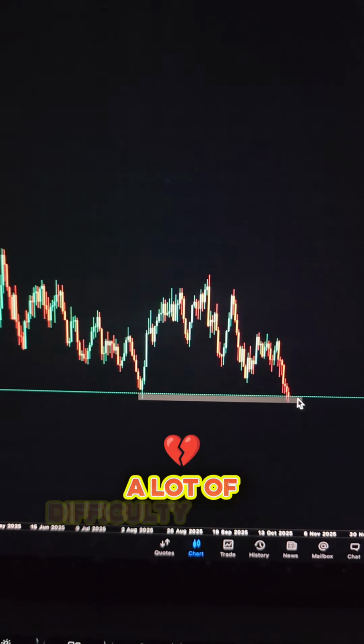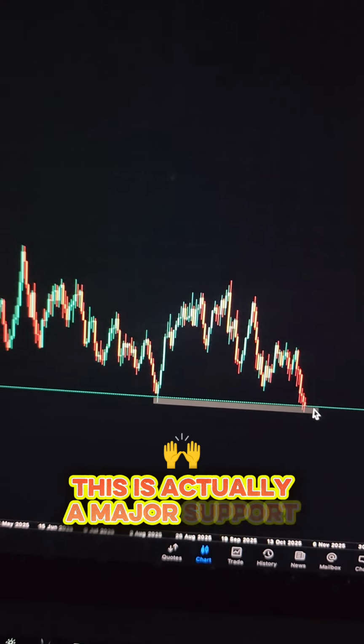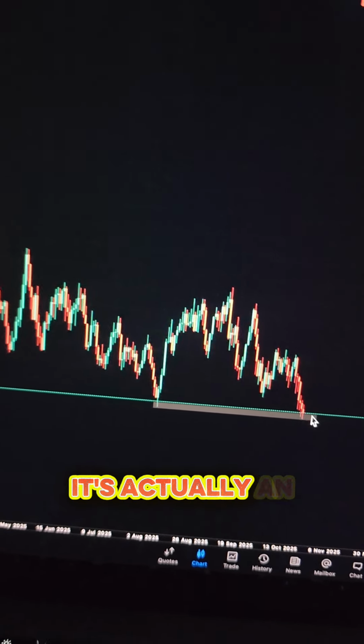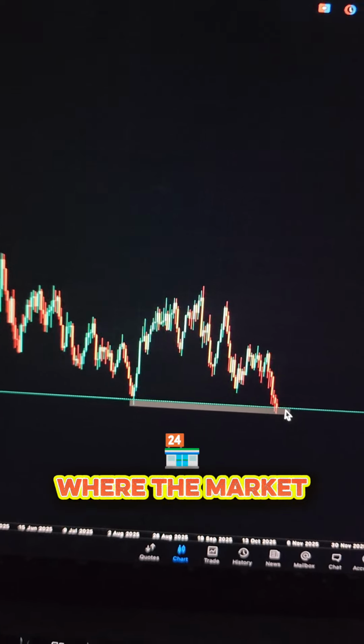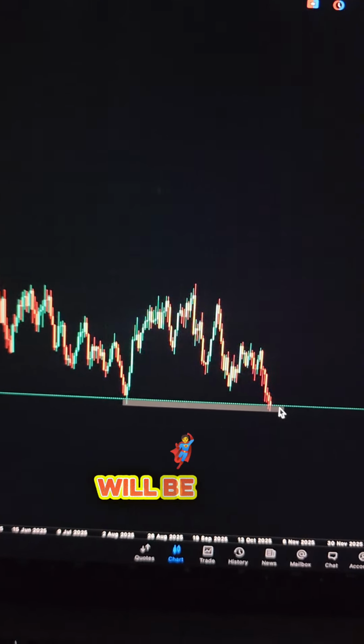It means that the market at this point is going to face a lot of difficulty to break to the downside because this is support. This is actually a major support level, right? It's actually an area of demand where the market will be forced to go back up because the bulls at this point will be very powerful, right?